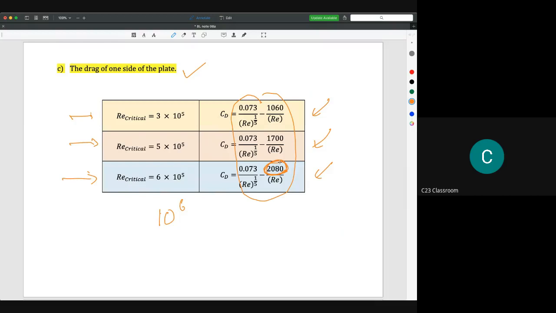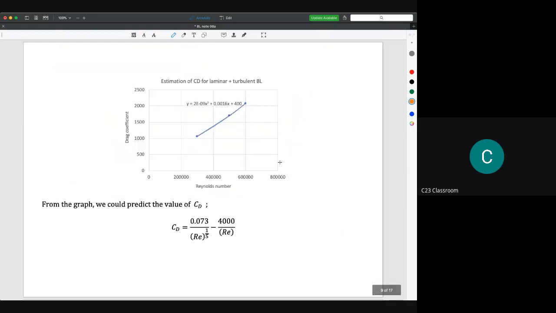So how to do this? So you could make a very simple interpolation. So for example, if we plot all the three data, so it's quite connected in a line like this. So if you use Excel, you could get these terms. So you have y equal to e to the power of 0.9x squared plus 0.0016x plus 400.